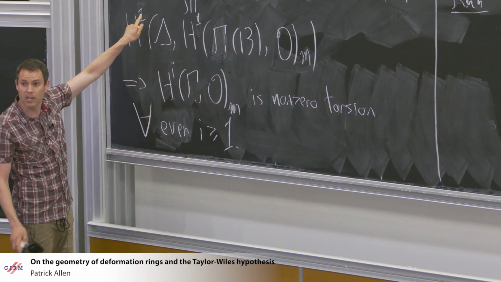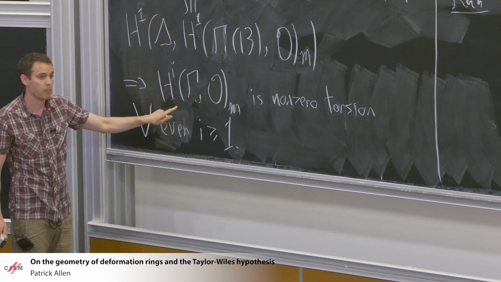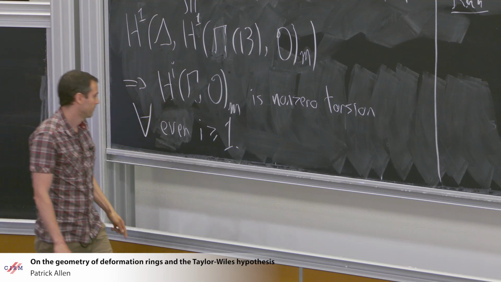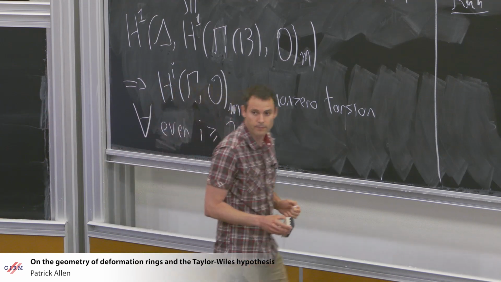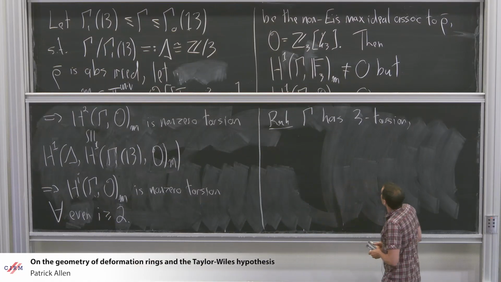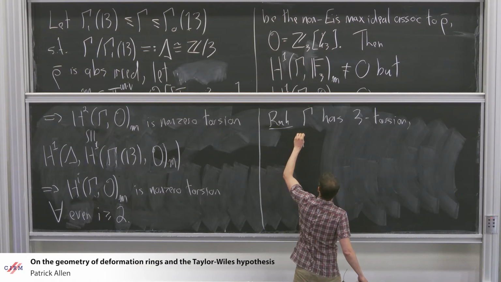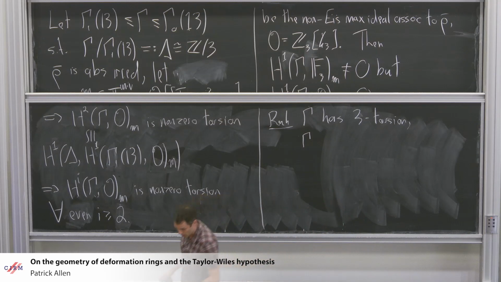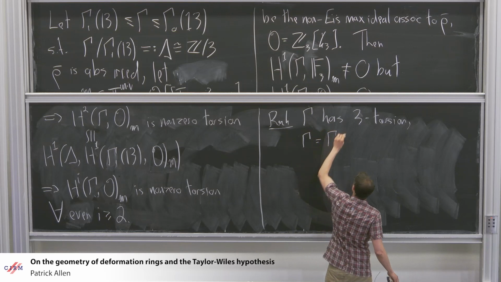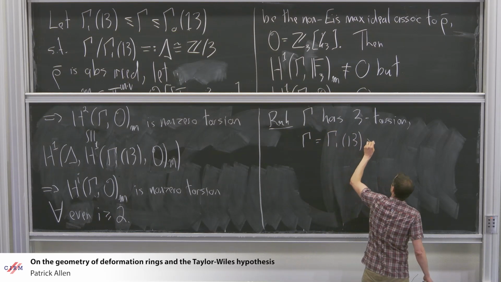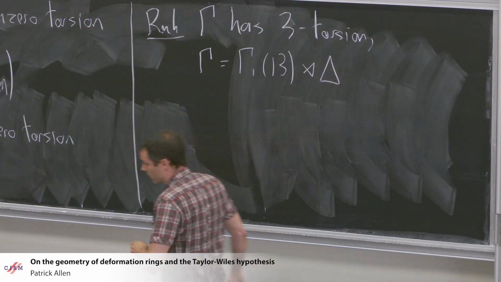But you look at the same spectral sequence computing this, even i bigger than or equal to 2. Yes, exactly. Okay, so this is 3 torsion. And in fact, it's even a semi-direct product. I'll have to check my notes to make sure I write it the right way. I hope this is correct.